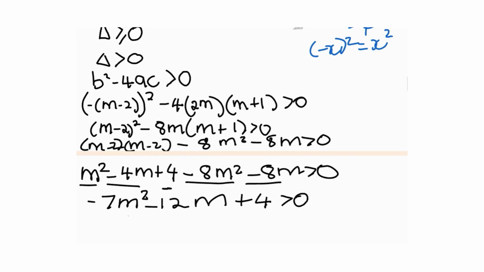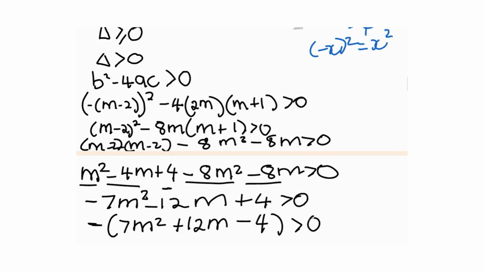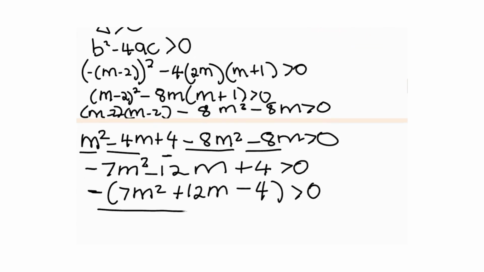We can find the factors directly, or we can get rid of the negative. Let's make our quadratic positive, meaning I'm going to take out a negative outside of a bracket so that I have 7m squared plus 12m minus 4, greater than 0. And I just divide that by negative 1.